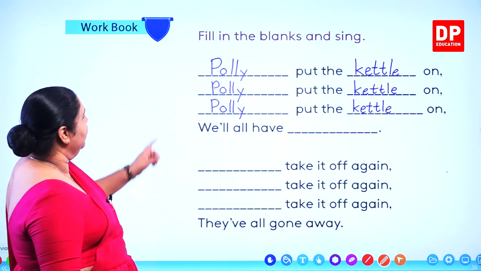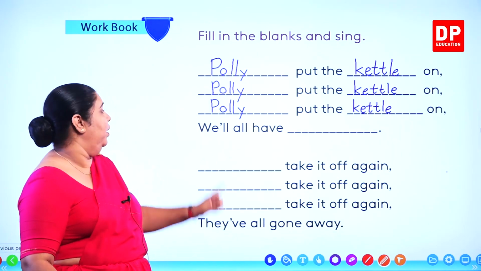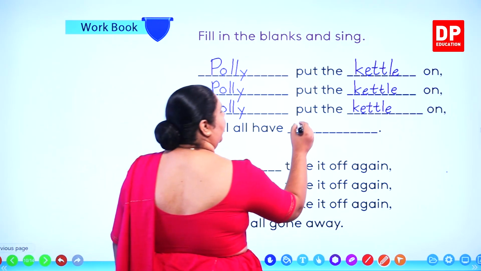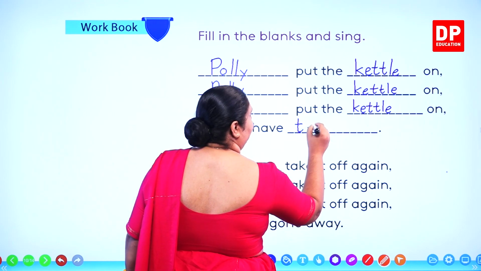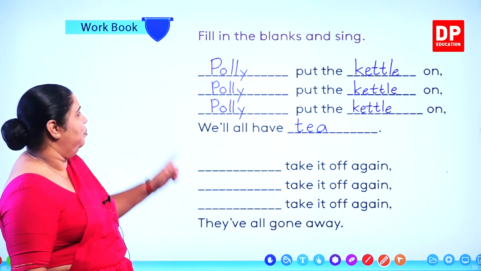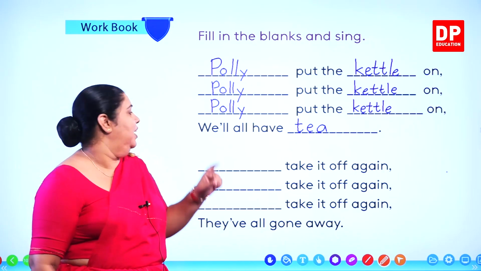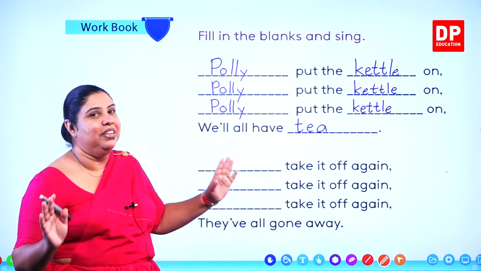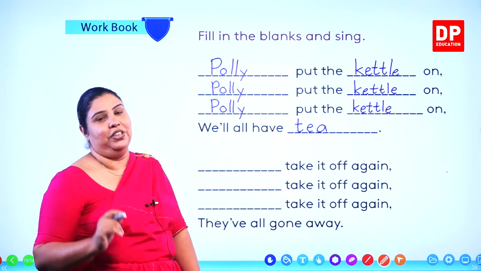So, Polly put the kettle on. We'll all have tea. How do you write the word tea? T-E-A. Tea. Polly put the kettle on. We'll all have tea. So we have completed the first verse of the song.